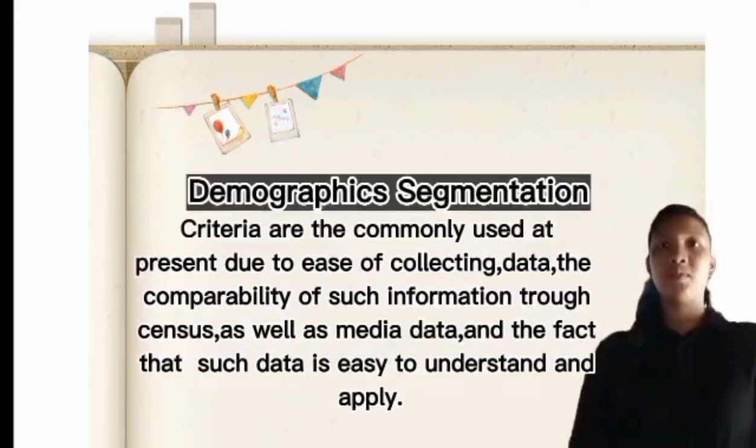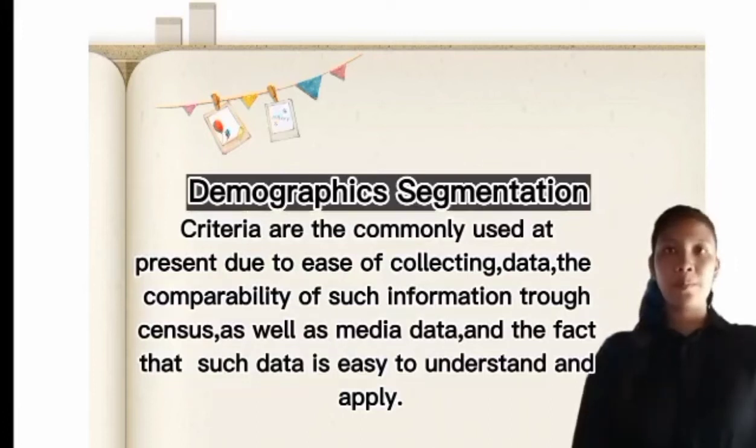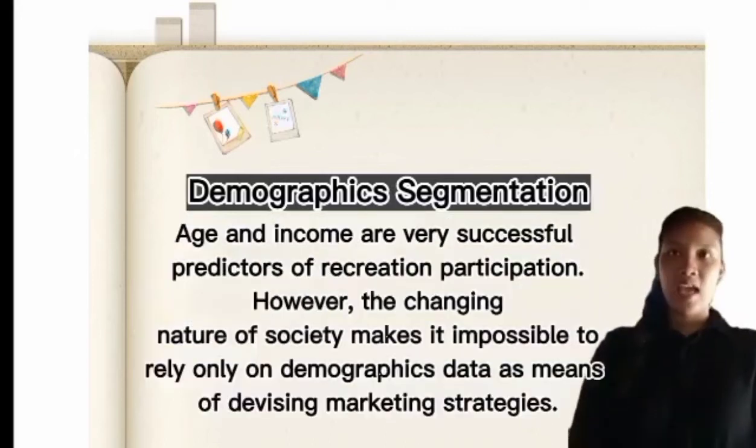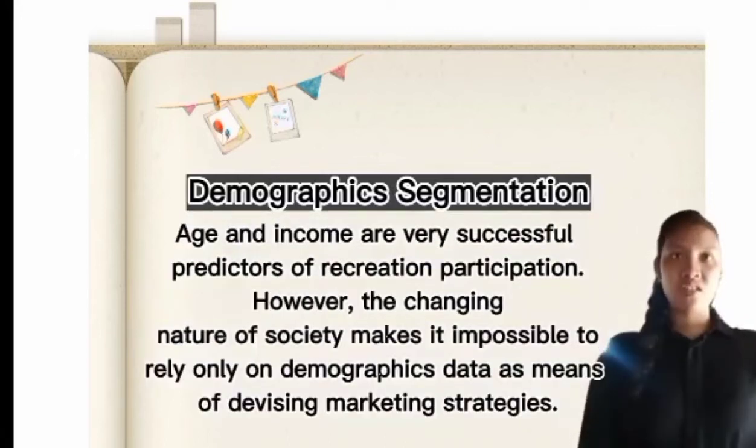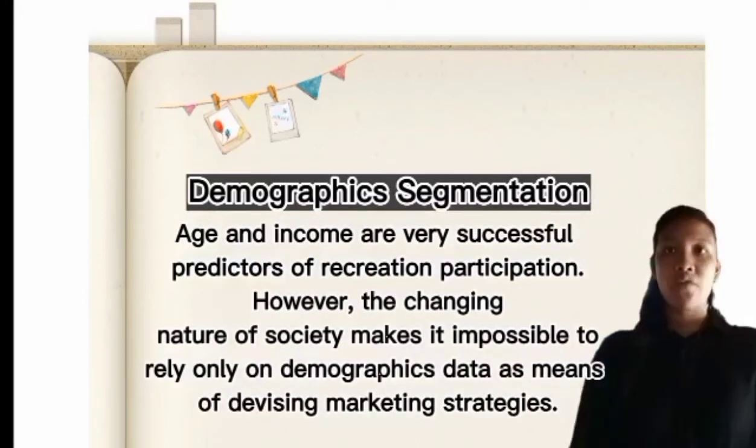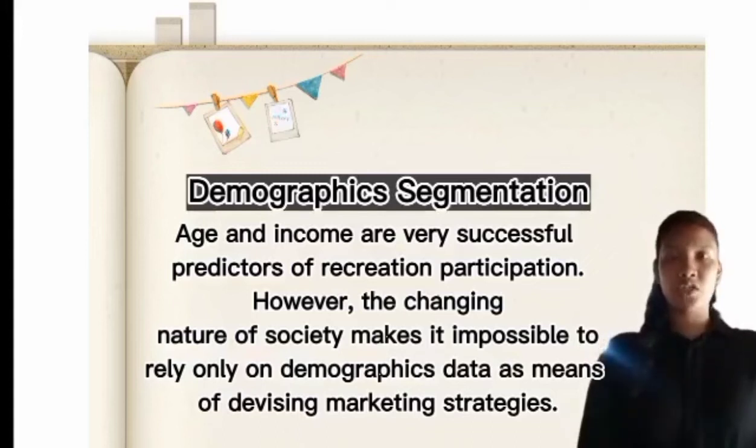First, demographic segmentation. This is the most commonly used at present due to the ease of collecting data, the compatibility of such information through census as well as media data, and the fact that such data is easy to understand and apply. Age and income are very successful predictors of recreation participation.